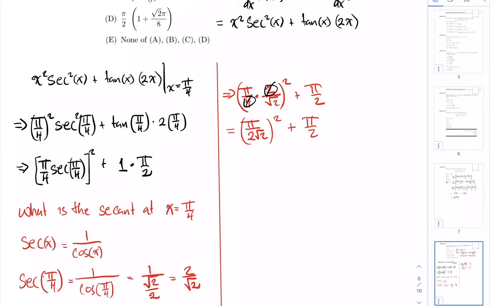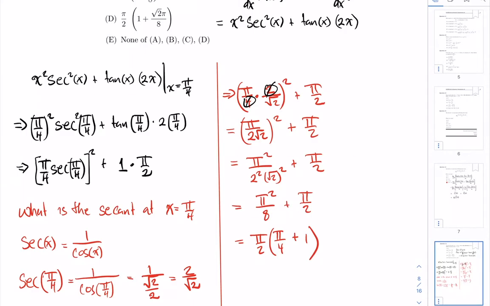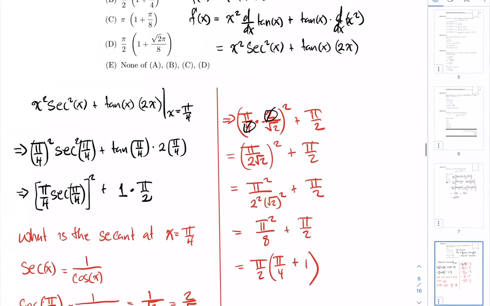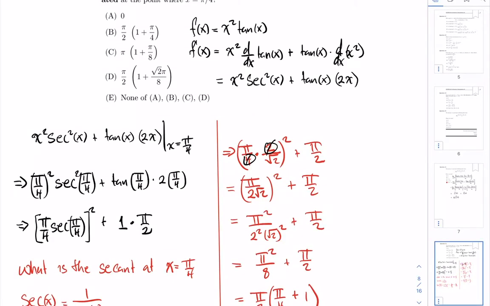So this becomes pi squared over 2 squared times the square root of 2 squared, plus pi over 2, which is equal to pi squared over 8 plus pi over 2. Now we can factor out pi over 2, which gives us pi over 4 plus 1. So we look to see which of these answers is the letter we're looking for, and we end up with answer choice B.